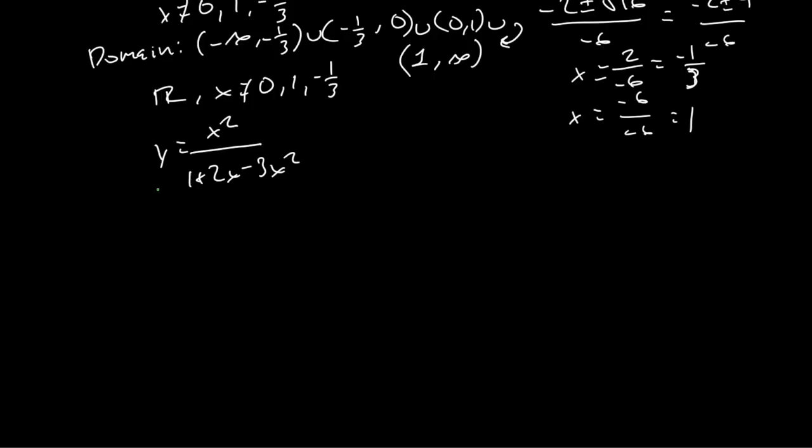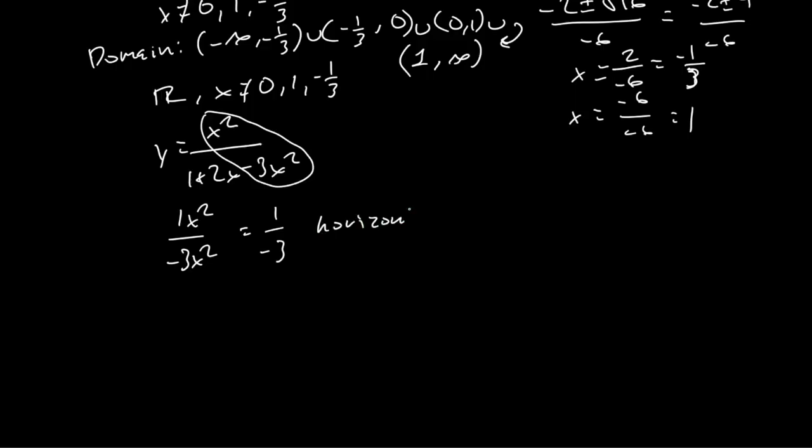As x approaches plus or minus infinity, you just look at the largest terms, x squared over negative 3x squared, so the coefficients give 1 over negative 3. So there is a horizontal asymptote at y equals negative 1/3, and it is also undefined at the 3 points we listed here, but it's otherwise continuous.